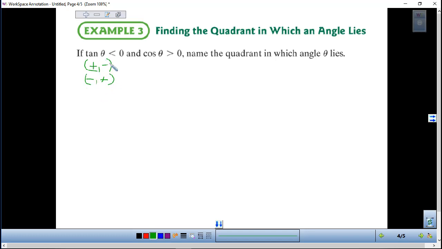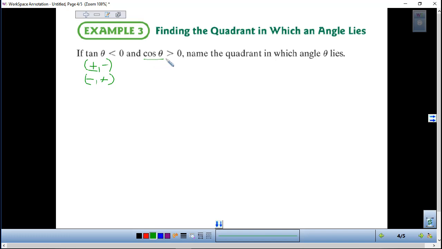Because what do we know? The only way we can get a negative is a positive divided by a negative or a negative divided by a positive. So this limits our situations to quadrant 2 and quadrant 4.